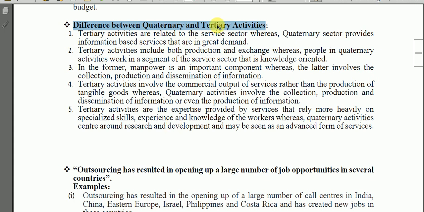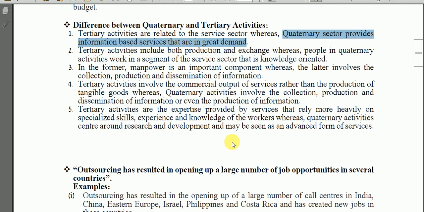And here tertiary activities are mainly related to low level service sectors, and the quaternary sector provides mainly information-based services. Actually, quaternary activities are mainly related with knowledge related services.